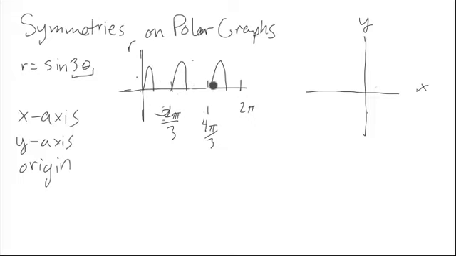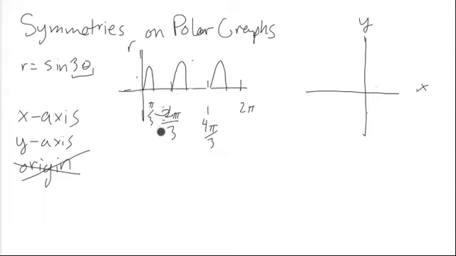Okay, so let's think about what's happening. Notice that if we go pi away from this hump, we get over here where there's nothing, which means that we will not have symmetry through the origin. Also, let's think about these other two symmetries, x-axis and y-axis. Let's start with y-axis. So pi thirds, 2 pi thirds, and think about pi halves.